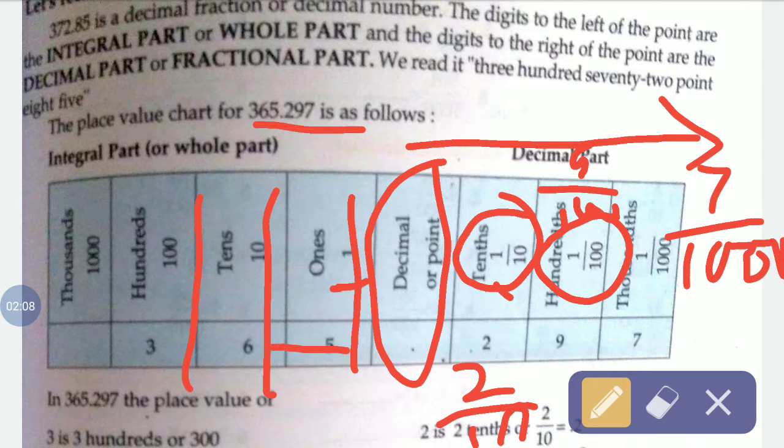So as you move in this side, the value is increasing, and as we move in this side, the value is decreasing. This is the most important thing. It is ones, tens, hundreds, thousands, and after the decimal point tenths, hundredths, thousandths.